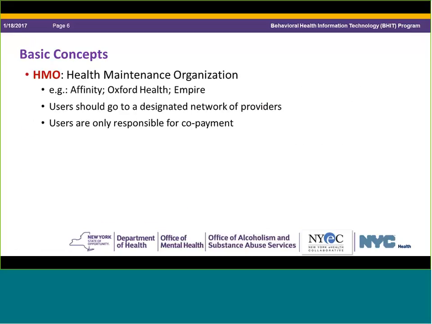So where does the claim information get sent to? It gets sent to the insurance carriers, and the insurance carriers have different divisions. So you will hear these terms, and again, we're just trying to give you information so that when you hear these terms, you'll be a little familiar with it. So there's the HMO, which is a health maintenance organization.